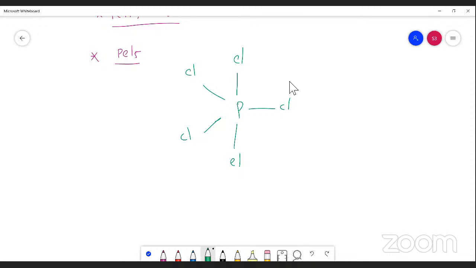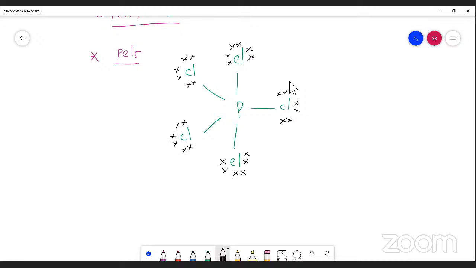Each chlorine is surrounded by 6 valence electrons. It is the structure of PCl5. These are the lone pairs of electrons surrounded by chlorine.